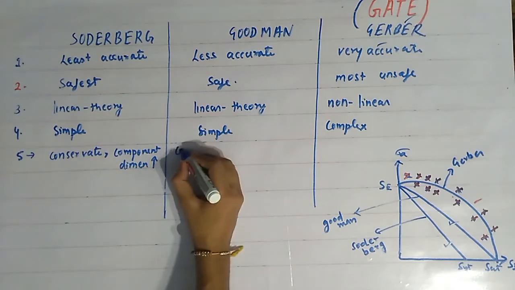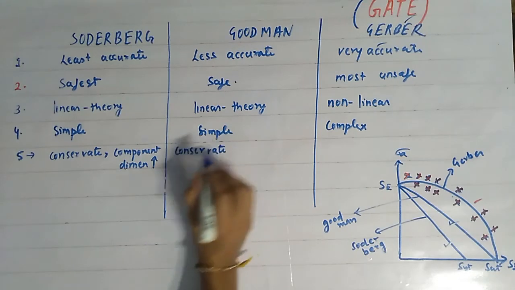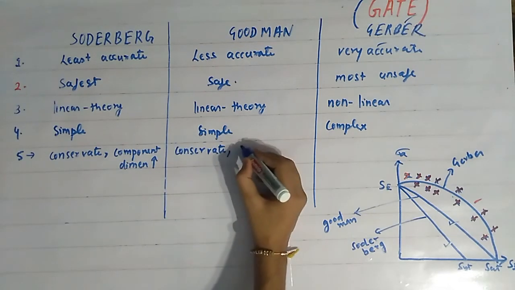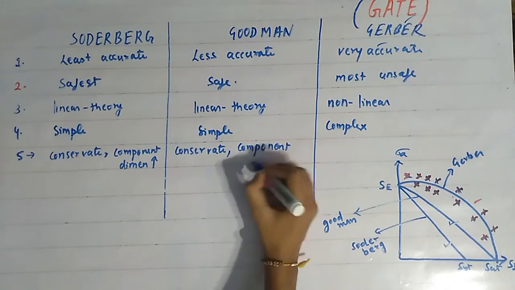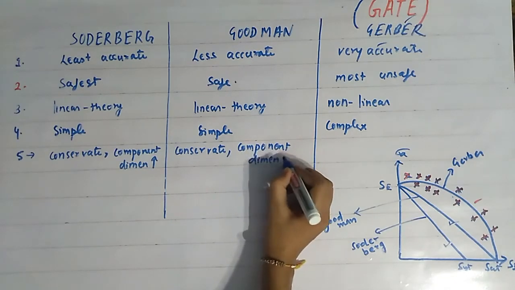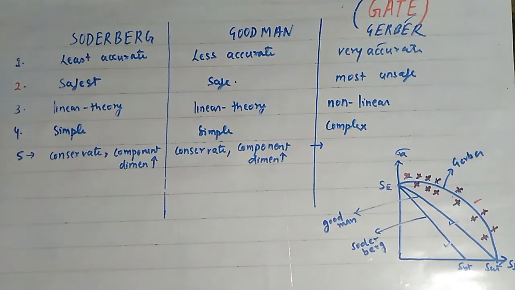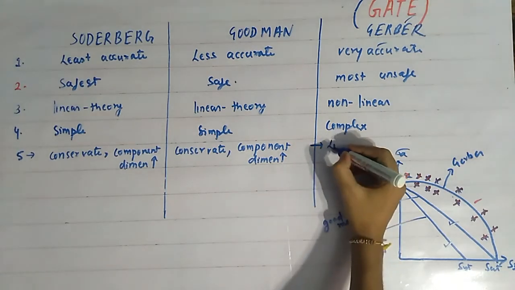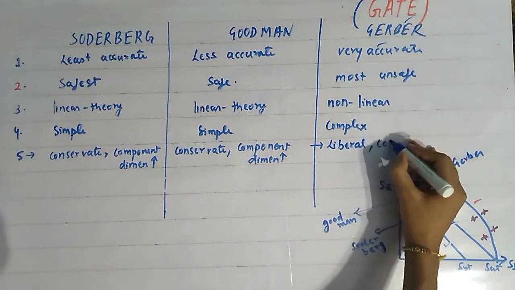And the Goodman criteria is also conservative, but it is less conservative than the Soderbergh criteria, and in the Goodman criteria the component dimension also increases. But in case of the Gerber criteria, it is a very accurate failure criteria, and it is very liberal, so the component dimension is less.